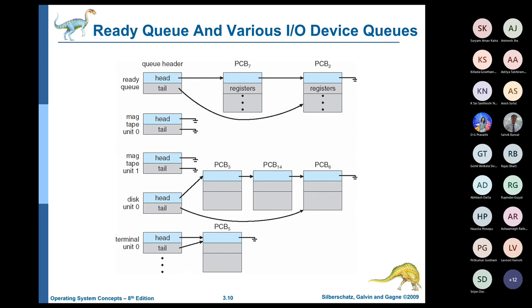What about the other processes, number 14 and 6, which are waiting? They don't know how much time process number 3 will take.